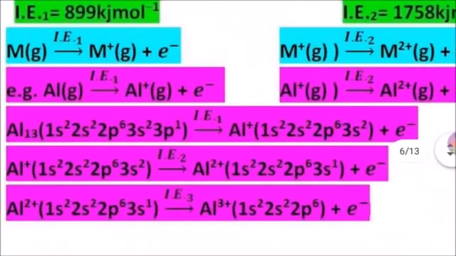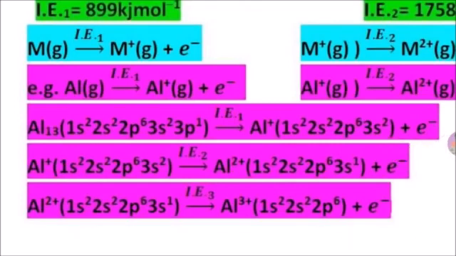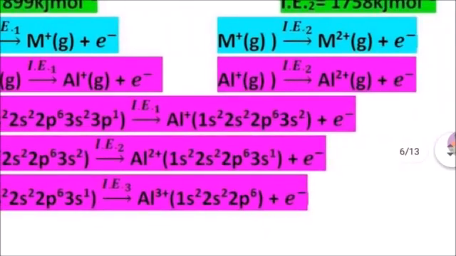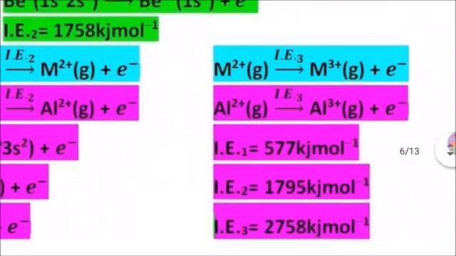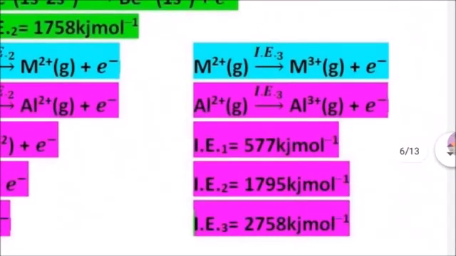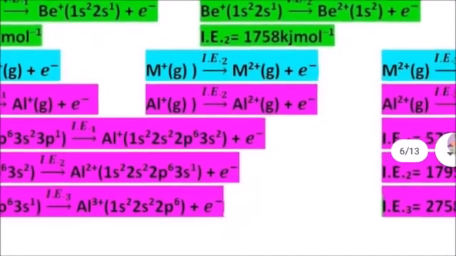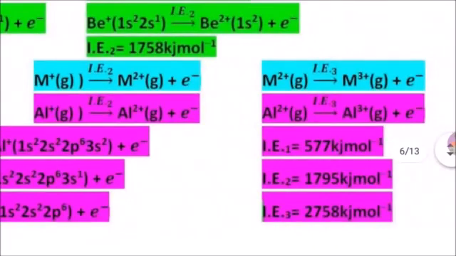Their configuration in aluminium in the ground state is 1s2 2s2 2p6 3s2 3p1. When one electron is removed, they have the stable configuration 1s2 2s2 2p6 3s2. The IE1 you can easily see on your display. The IE1 is 577 kilojoule per mole.